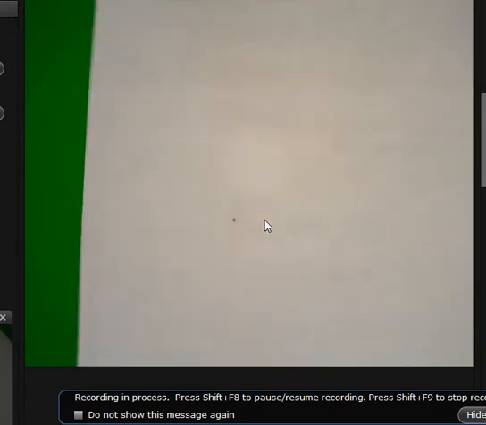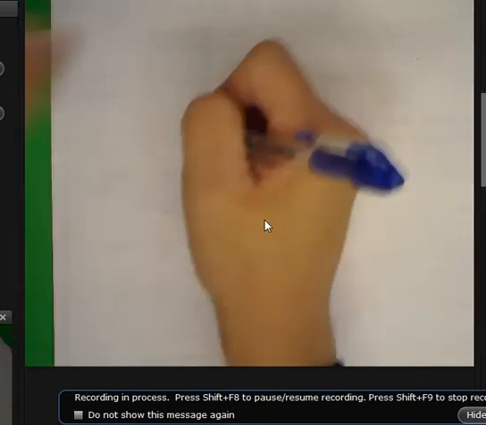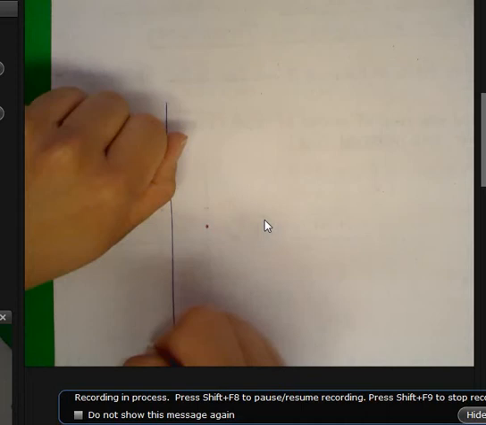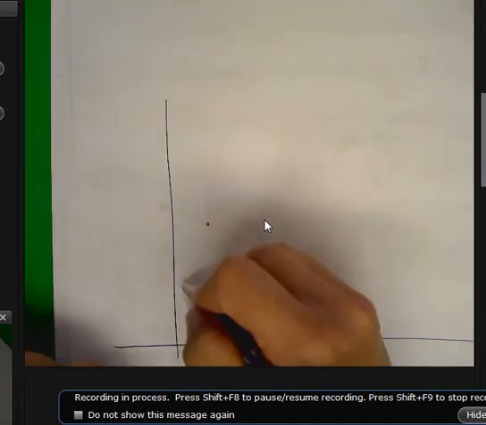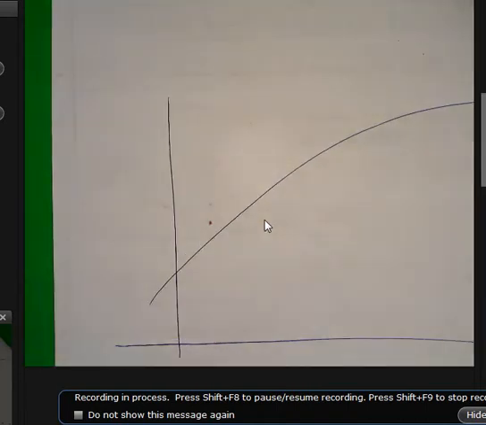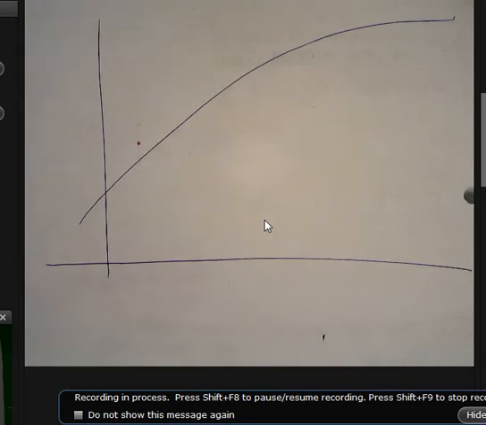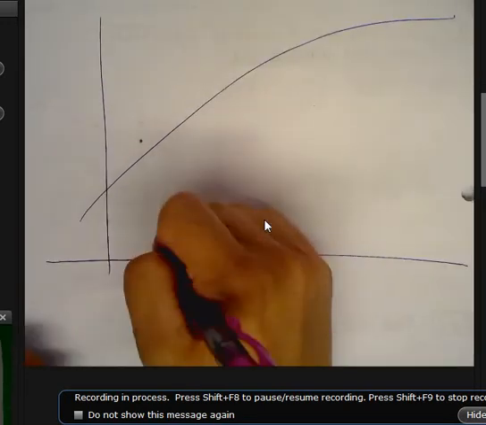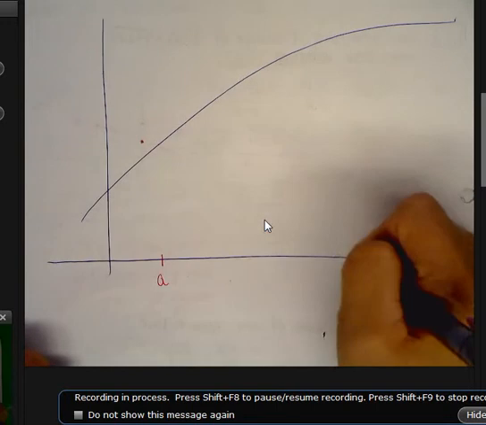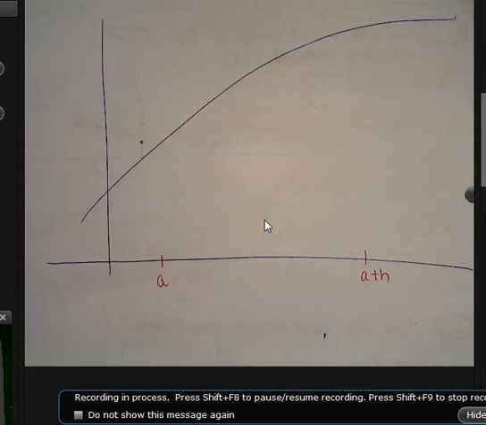Okay. Let's do this. Let's go ahead and really quickly sketch on the whole page. I've never done this before, but let's just take the whole page to make a graph. Let's make it kind of steep. And let's do what we just did, okay? Let's start here at A and go wide, to A plus h.